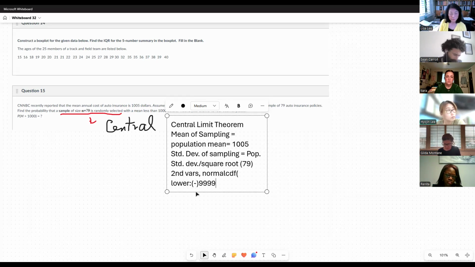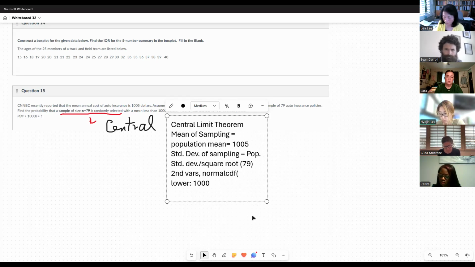For the upper bound you can just type 9999, some bigger number. This one is greater than or equal, so the starting point is 1,000, and you just type in 1,000. The upper bound is up to where? We want greater than 1,000, so the upper bound will be infinity, a very great number, so you just put 9999.